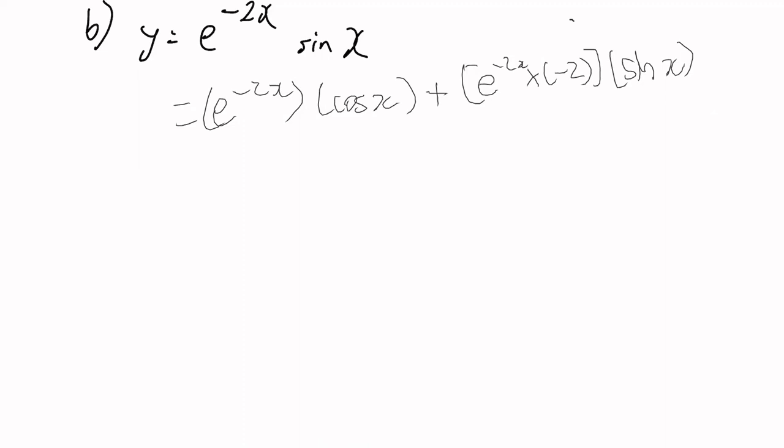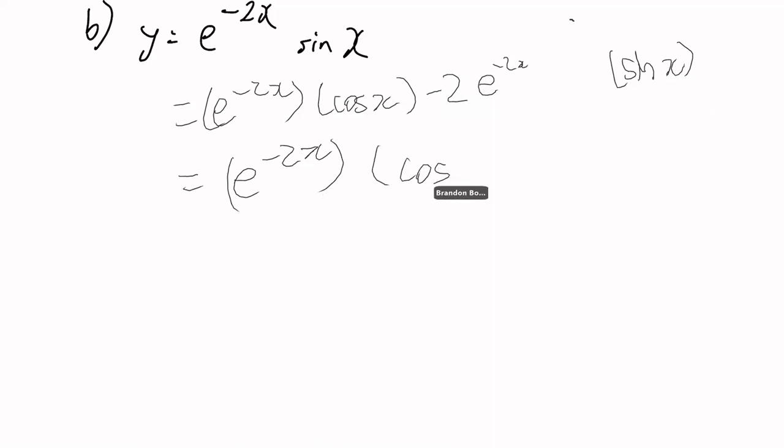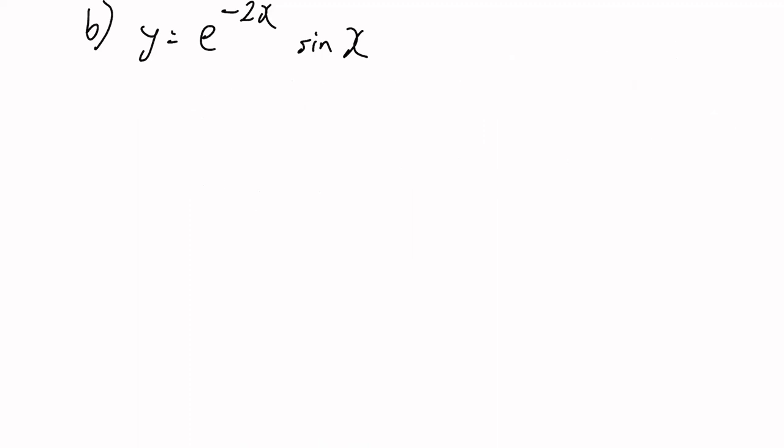You can factor out the e power negative 2x. Minus 2. Okay, factor out the e power negative 2x. Good. And then if you want, you can also bring it to the denominator, the minus 2x.